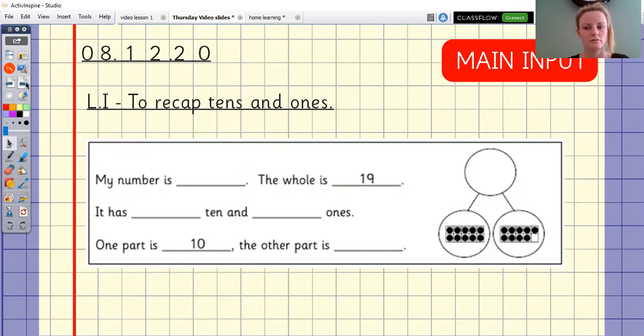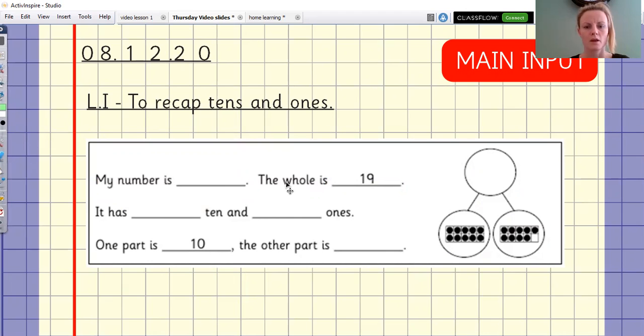Okie dokie. Now, the next question. Okay, so let's see what we've got. My number, the whole, is 19. It has tens and ones. One part is 10, the other part is blank. Now, remember what this model is. We've done it before. It is a part, whole model.